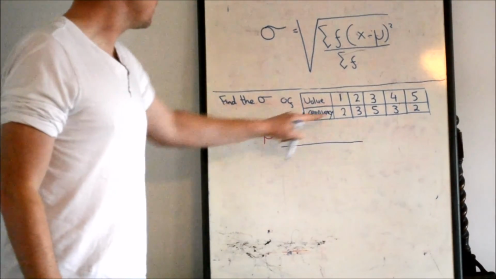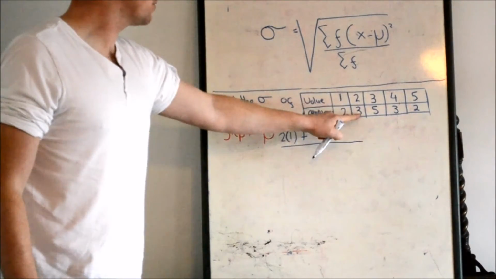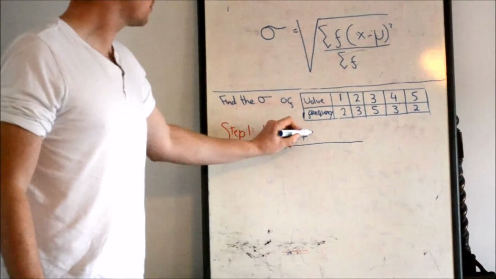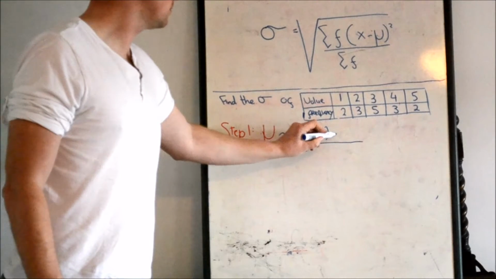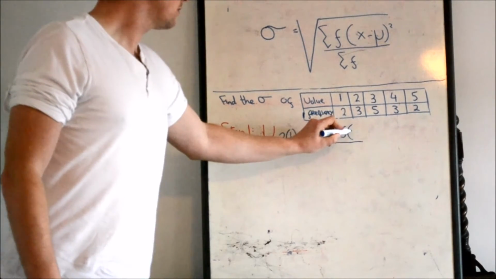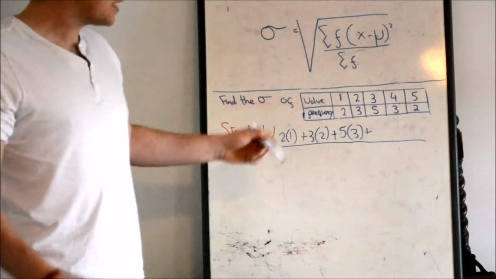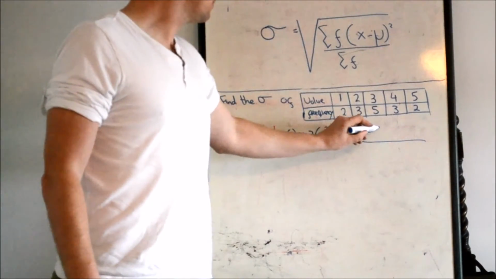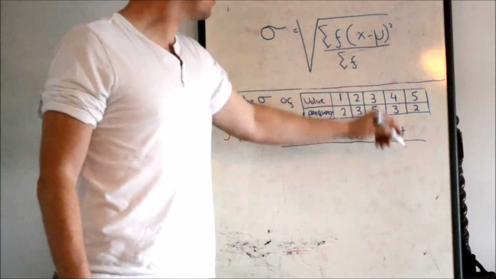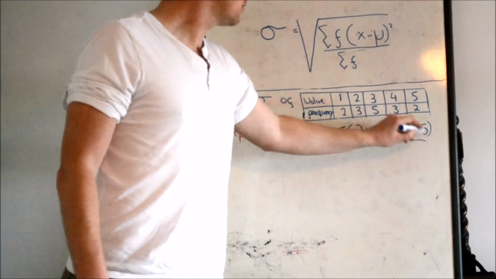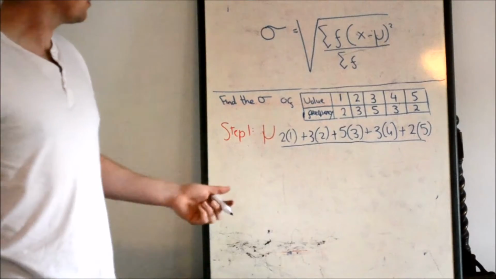It's the frequency multiplied by the value plus the frequency multiplied by the value plus the frequency multiplied by the value plus, yeah, you guessed it, the frequency multiplied by the value, and funnily enough, the frequency multiplied by the value, all over the sum of all the frequencies.